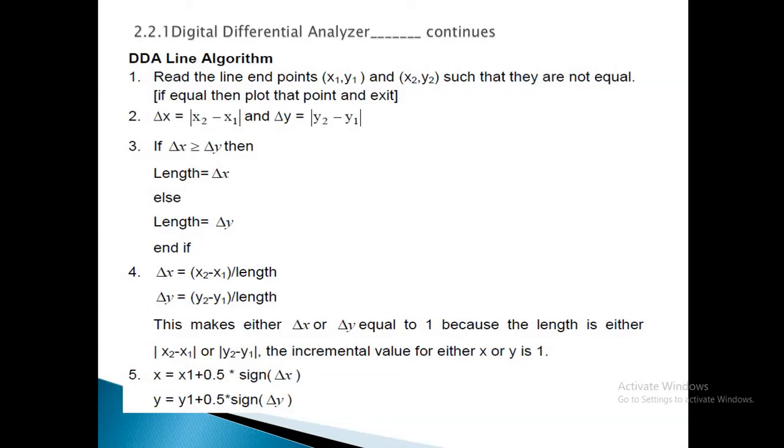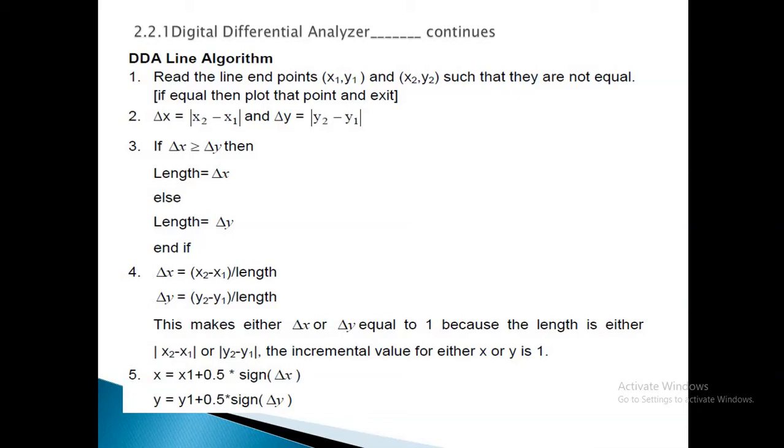Here is the DDA line algorithm. We first read the line endpoints, that is x1, y1 and x2, y2. Then find the delta x and delta y values: delta x is equal to x2 minus x1 and delta y is equal to y2 minus y1.